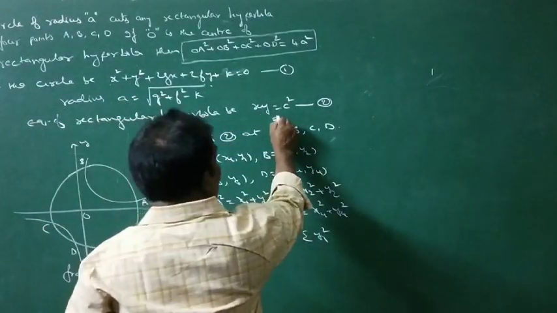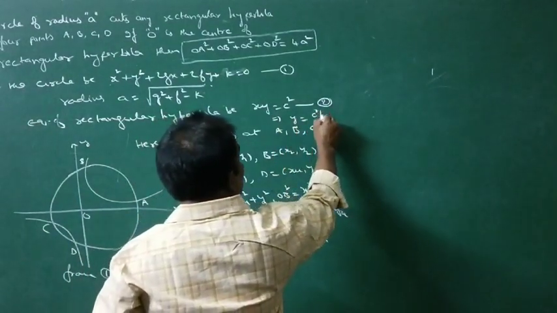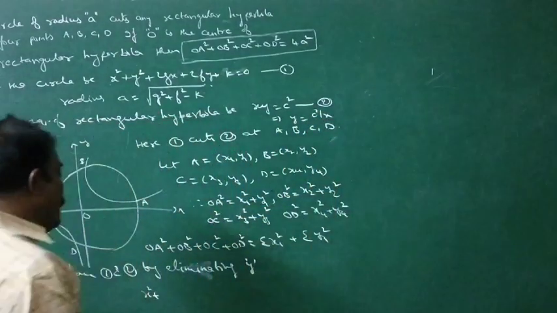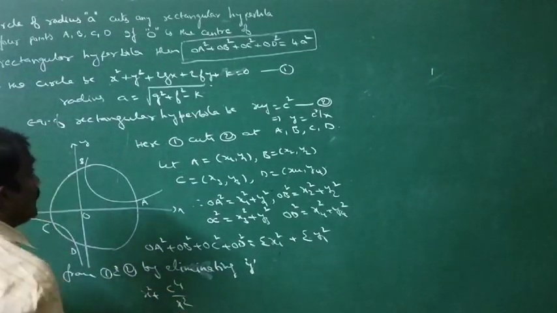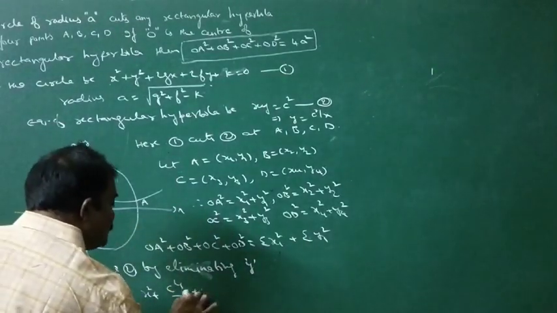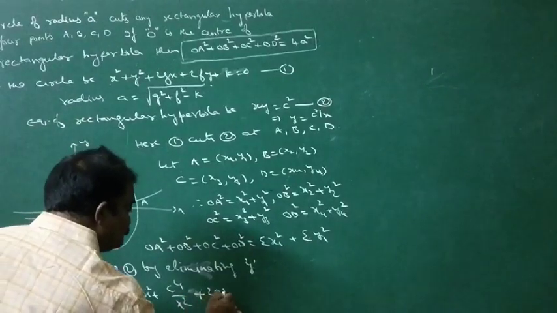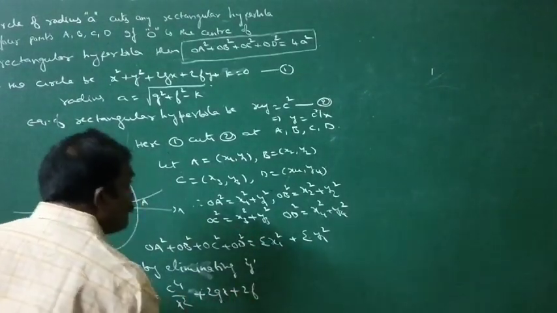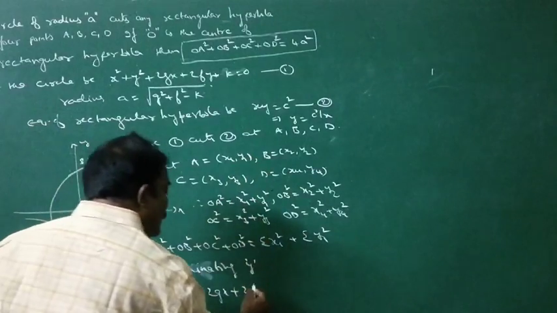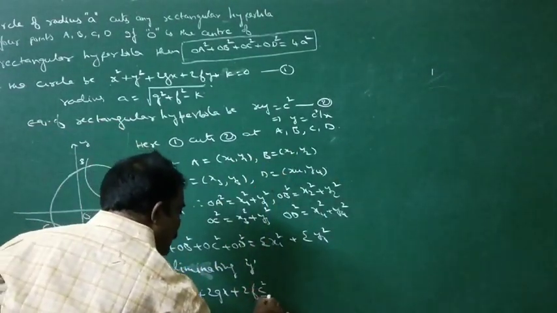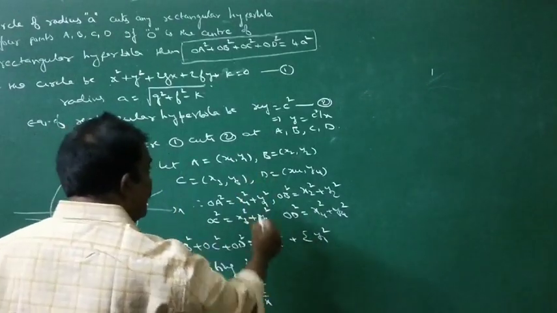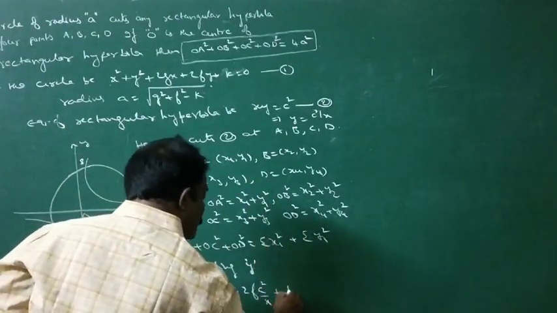From this one, y equal to c square by x. Y square is c to the power of 4 by x square. Plus 2gx plus 2f, in place of y, c square by x plus k equal to 0.